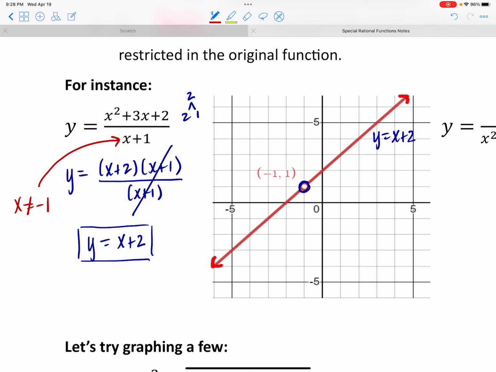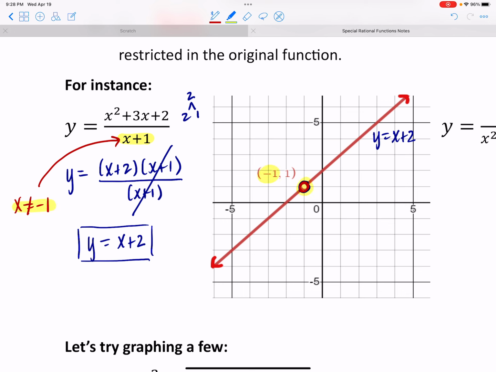Our function is simplified, the equation is simplified, the graph is simplified, but we still want to make a hole in the graph at that restricted x value to say, hey, this was restricted from the original function. Okay, so the removable discontinuity, the asymptote is removed and a hole is put in instead. So again, that restriction that got reduced out, that is the hole in the graph.